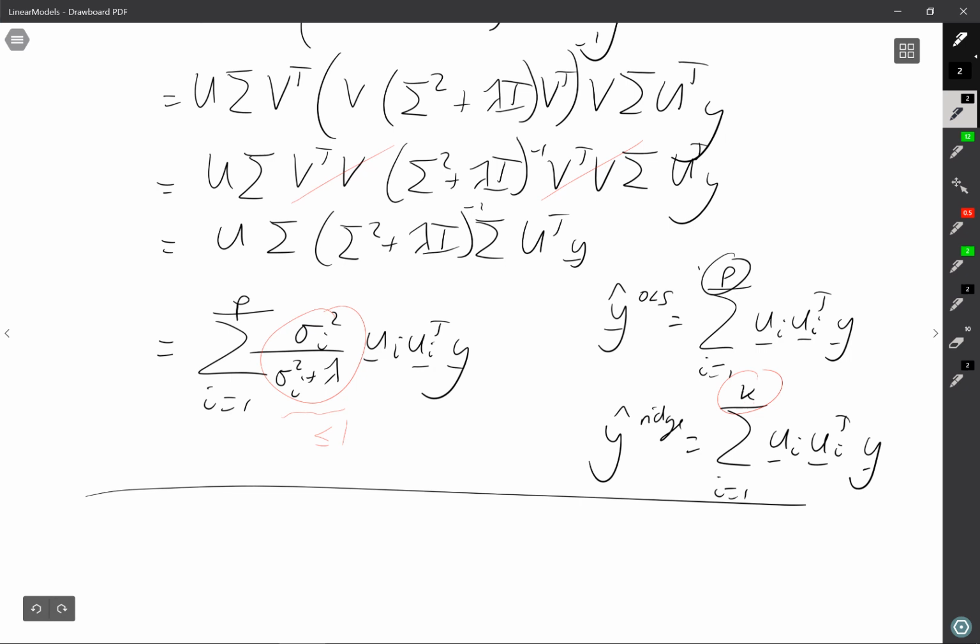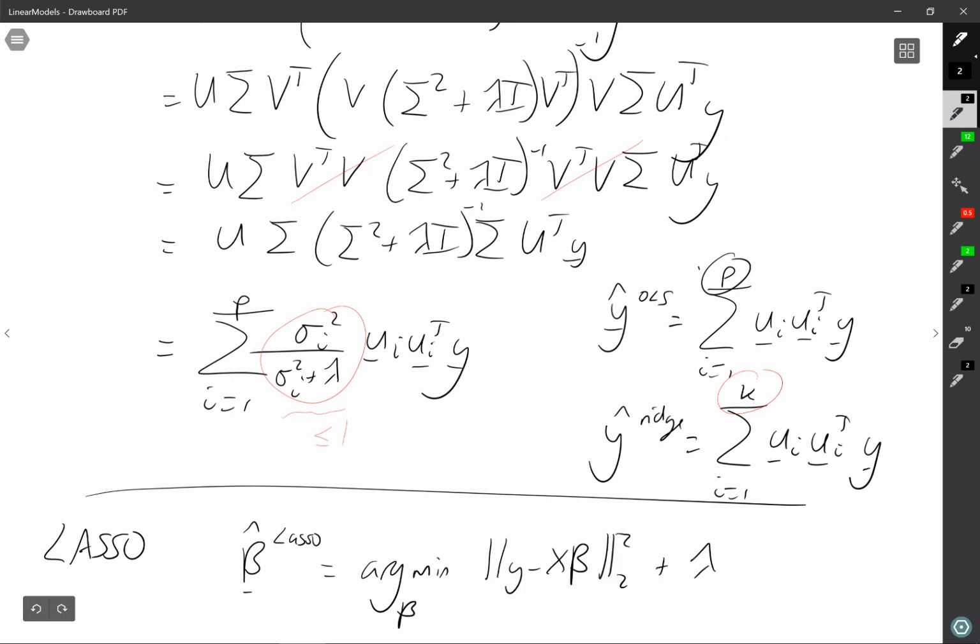And then just finally, as a point of interest, note that there's also a popular method called the Lasso. The Lasso estimates beta to be the value of beta that minimizes the sum of squared errors plus lambda times the L1 norm here.